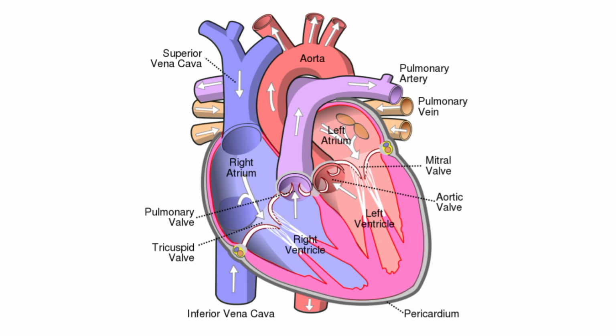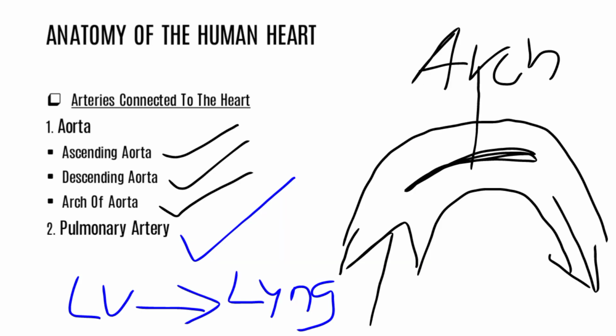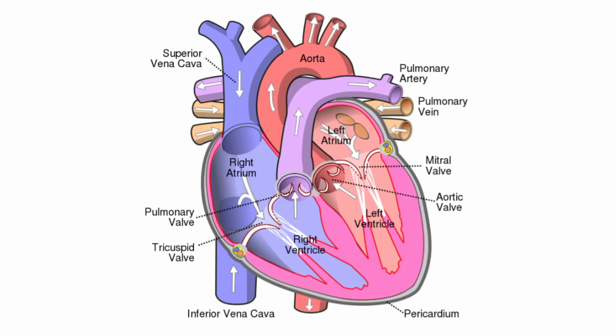Now, all this can easily be seen on this diagram. We talked about the aorta and the pulmonary artery. So this is the aorta. This will be the ascending aorta, this is the arch, while this is the descending aorta. And the pulmonary artery, this is it.